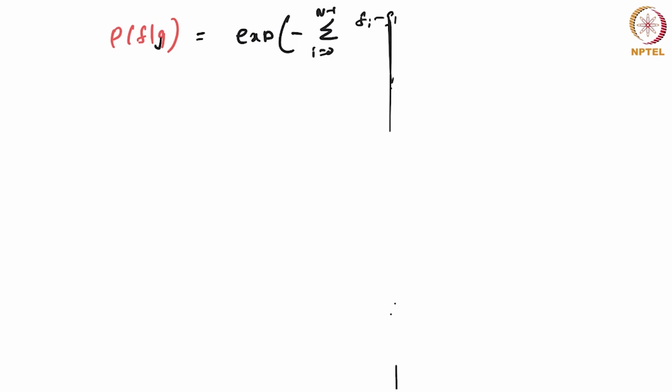this P of F given G in this form. I'll write down the final form so that you can work through the algebra yourself. Is this n minus 1 by 2 sigma squared.